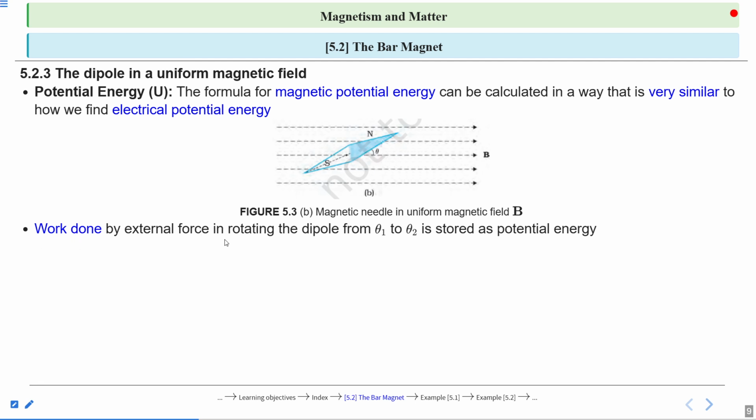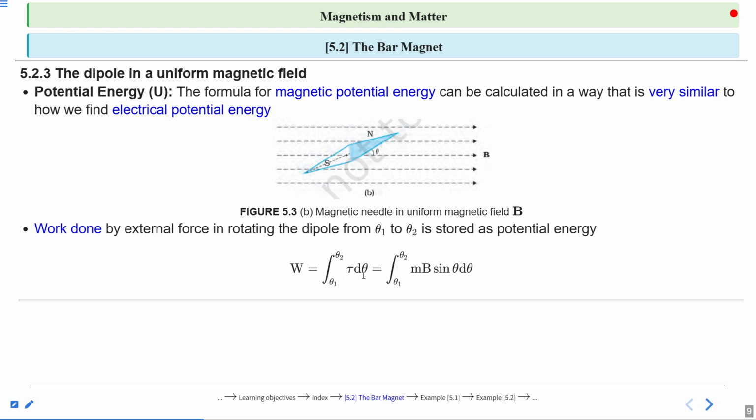So work done by an external force in rotating the dipole from some angle theta 1 to another angle theta 2 is stored in the form of potential energy. So work done will be equal to tau d theta, a small work done.